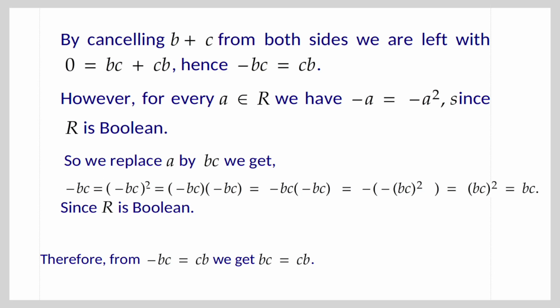So, we replace A by BC, we get minus BC equal to minus BC the whole square, that is equal to minus BC into minus BC, that is equal to minus of BC the whole square, that is equal to BC the whole square equal to BC, since R is Boolean. Therefore, from minus BC equal to CB, we get BC equal to CB.